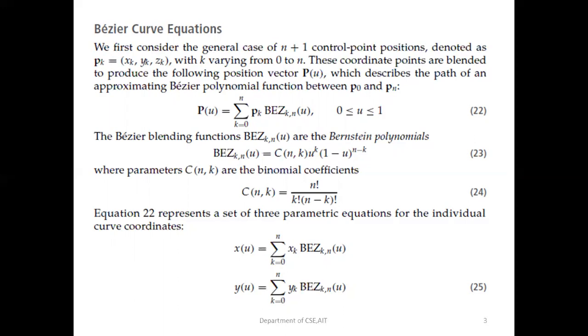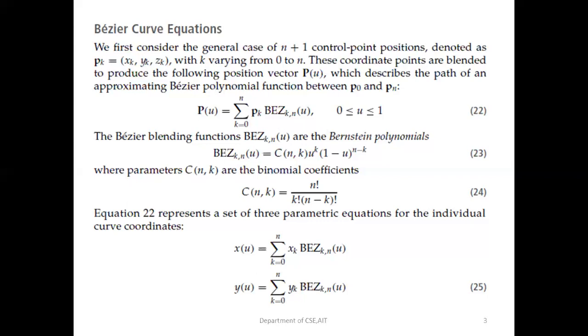The binomial coefficient, you people know, is equal to n factorial divided by k factorial into n minus k factorial. So in equation 22, P of k varies from P of 0 to P of n, and BEZ of k comma n of u varies from 0 to n. If n is equal to some value like 4, then we will have 4 plus 1 control points.